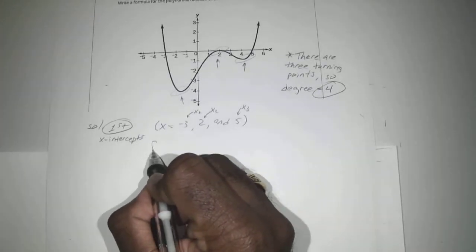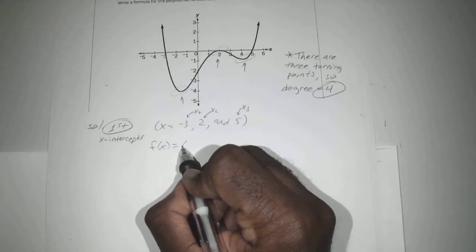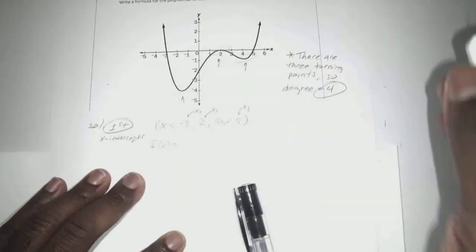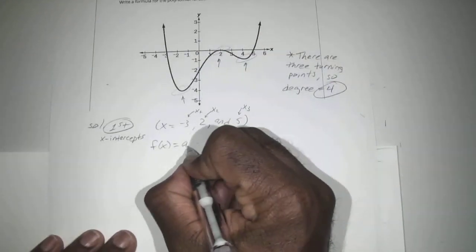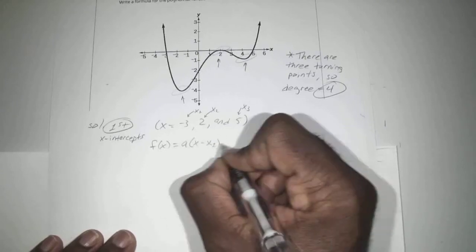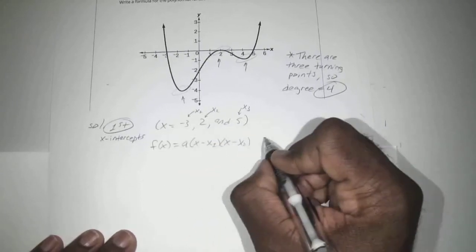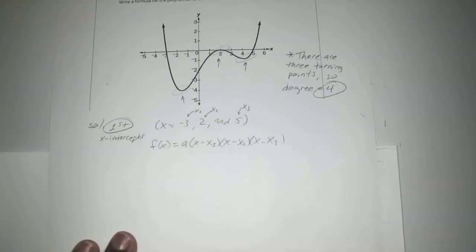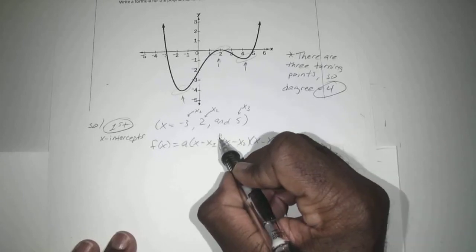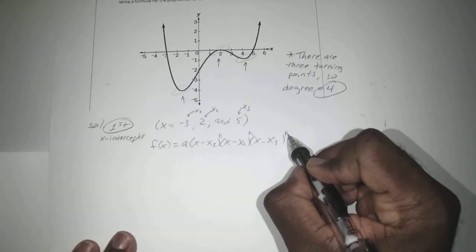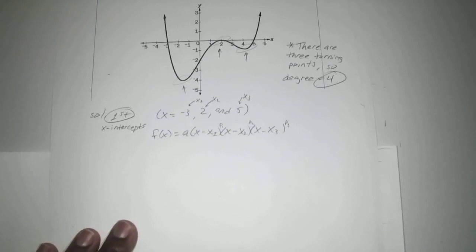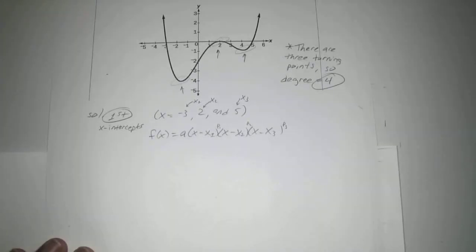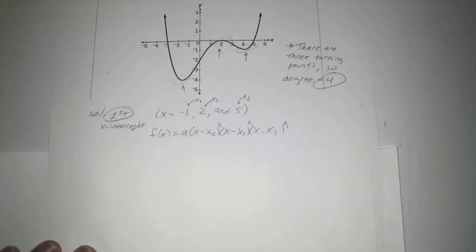Okay, so we're going to start with f of x equals a times x minus x1 times x minus x2 times x minus x3, and those exponents p1, p2, and p3. We're going to start with that since we already know it's degree 4.